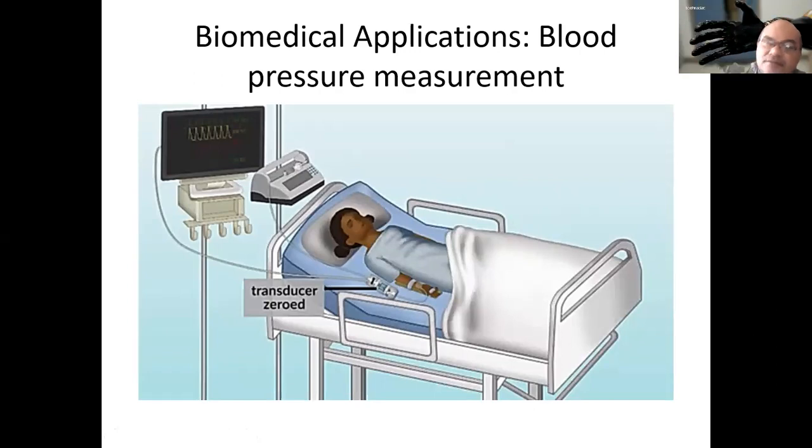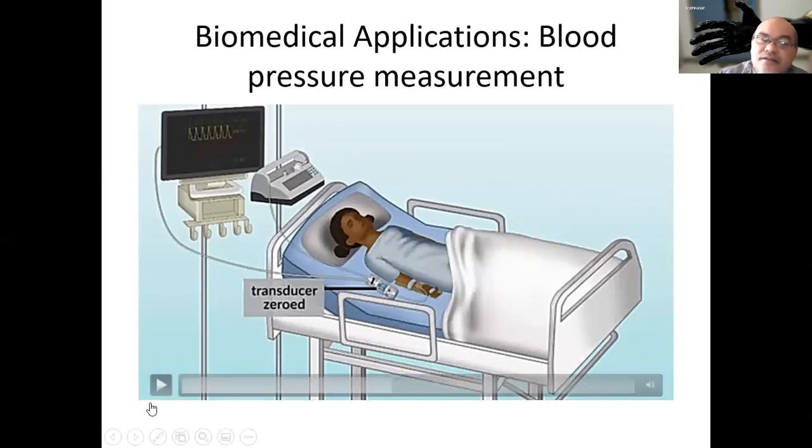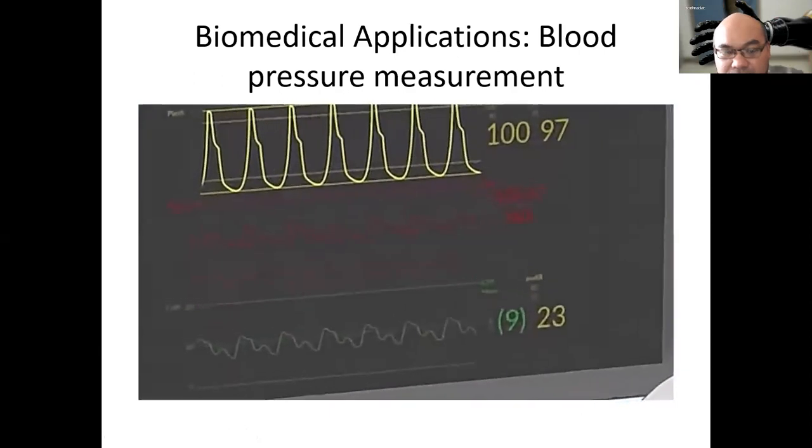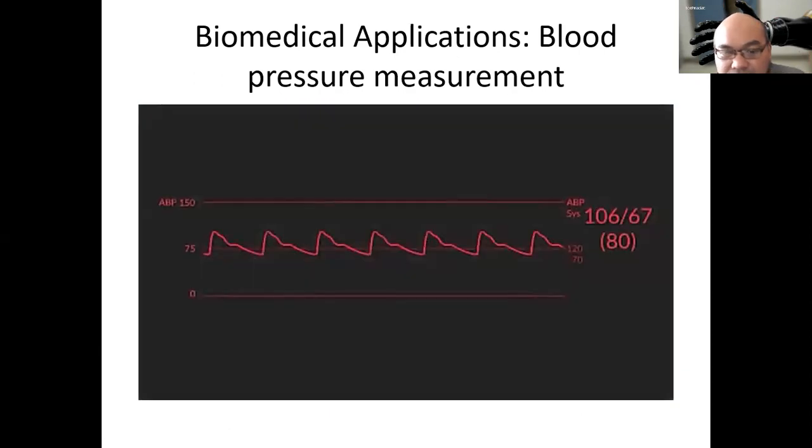So if it is at the level of the heart, we know that it is actually representing the pressure of the blood pumped by the heart. We now have this continuous column of fluid from the patient vessel, in this case the artery, to the transducer. And as a consequence of that, we would get a reliable trace here of the arterial blood pressure.